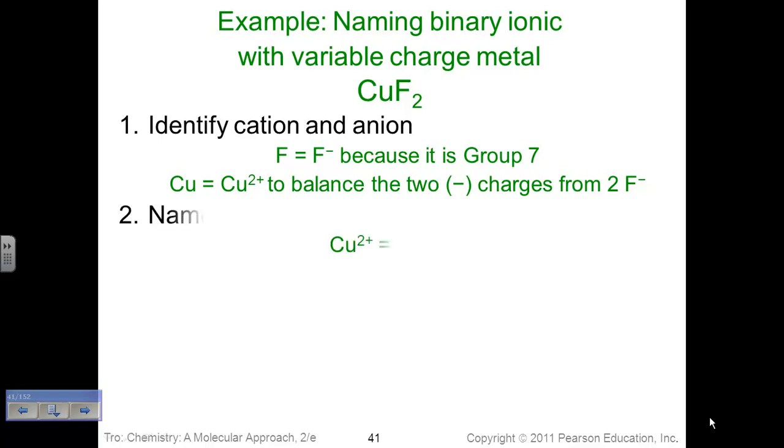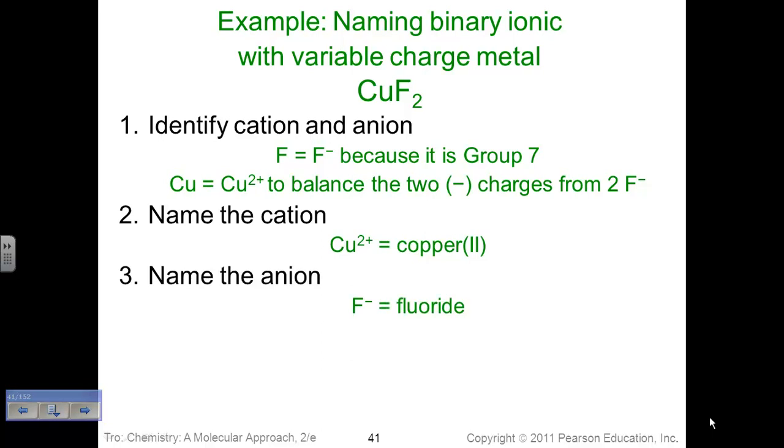CuF2 would be named copper, Roman numeral 2, fluoride. We could see that a positive 2 charge on the copper is going to balance 2 units of a minus 1 on the fluoride. Copper, Roman numeral 2, fluoride, the name of our compound.